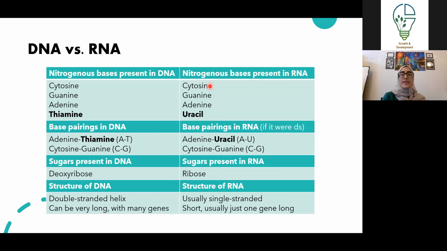But one point that I didn't mention earlier is that DNA is very long, because DNA encodes the entire genotype, the entire genetic makeup of the cell. So you can imagine it's going to be very, very long. But RNA is like taking a piece of the DNA and transcribing it into an RNA.